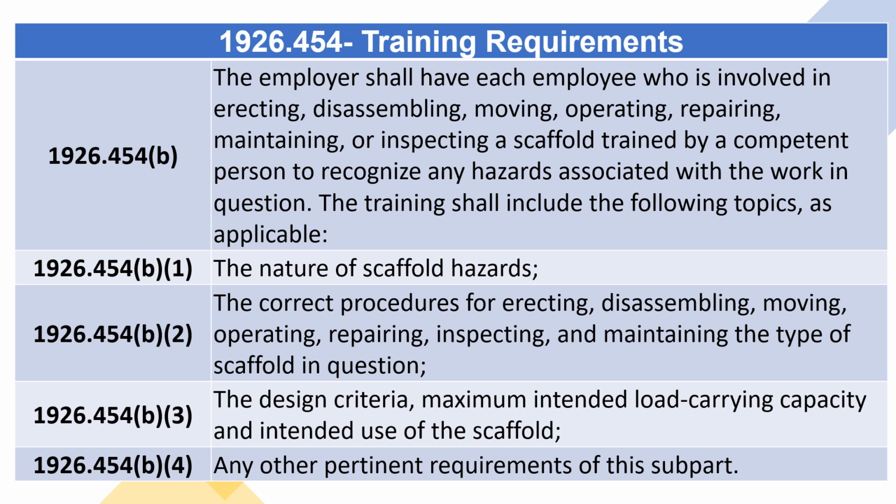The nature of scaffold hazards; the correct procedures for erecting, disassembling, moving, operating, repairing, inspecting, and maintaining the type of scaffold in question; the design criteria, maximum intended load-carrying capacity, and intended use of the scaffold; and any other pertinent requirements of this subpart.